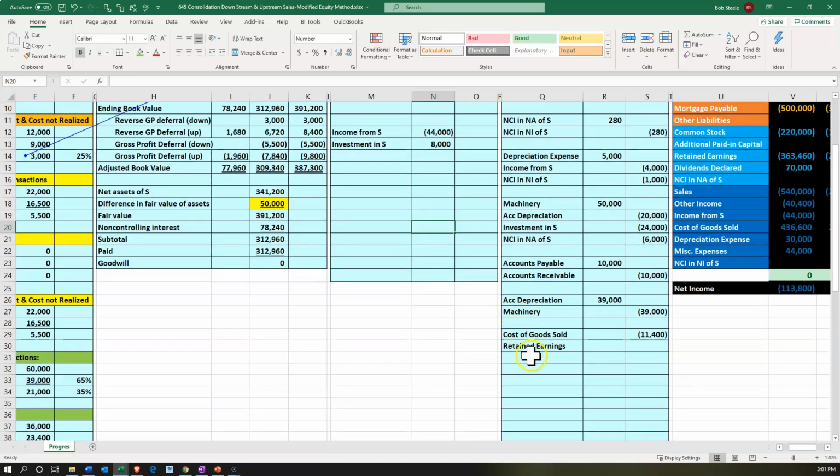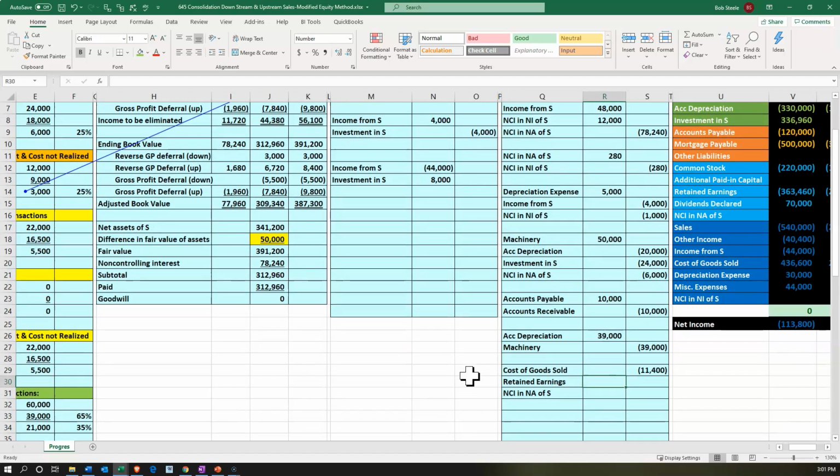And so we're adjusting the cost of goods sold, a timing difference between the cost of goods sold, an income statement account, and retained earnings, basically the balance sheet account. And then the other side's going to the non-controlling interest, not on the income statement, but the balance sheet non-controlling interest here. So then I'm again not breaking it out 80/20.